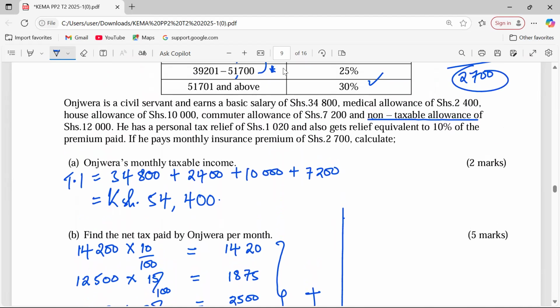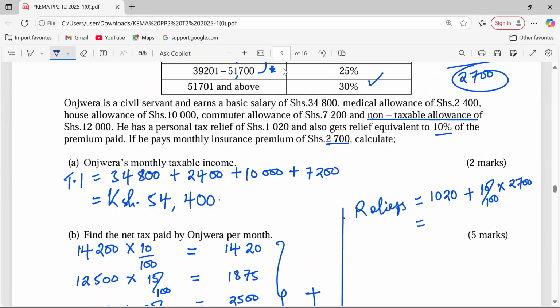So we can get the reliefs at this point, whereby we are having 1020. Then we are also having another relief equivalent to 10% of the premium paid. So 10% of premiums equivalent to 2700, because these are the premiums paid.